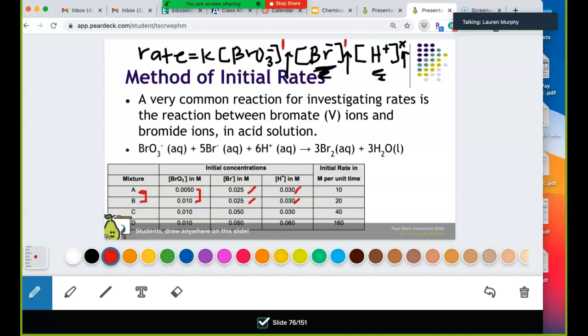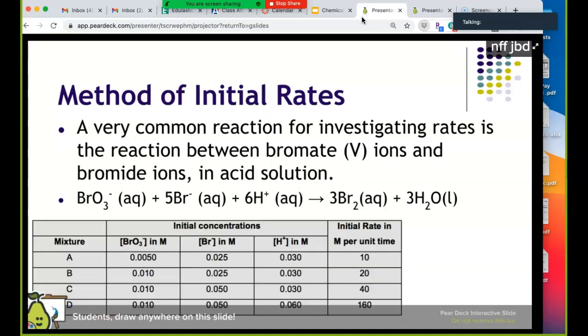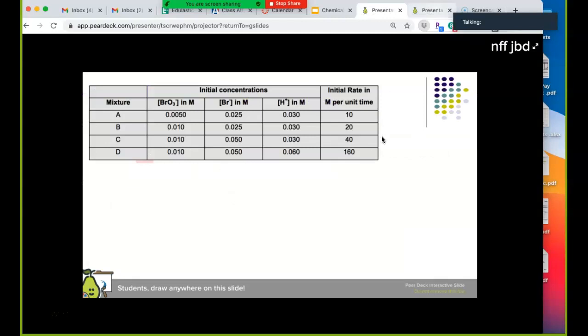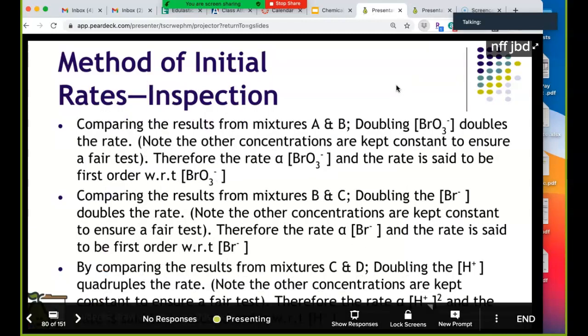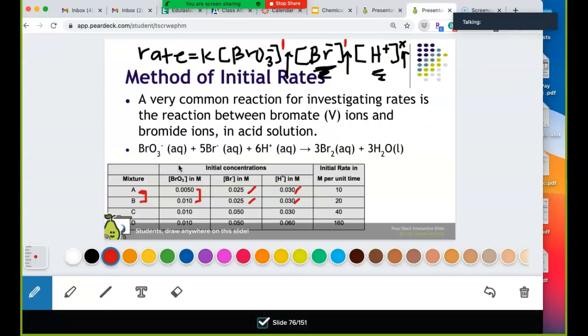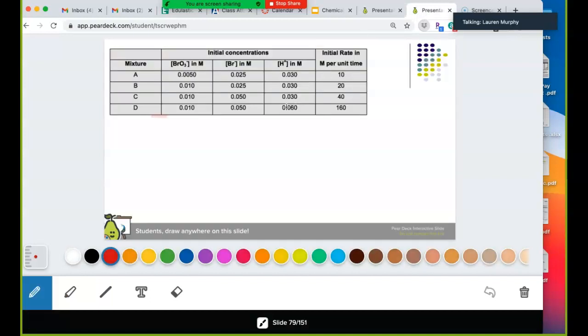One more. So hydrogen ion. Let's see. So if I want to find out the order with respect to hydrogen ion, I would like the hydrogen ion to change concentration, but the other two things to not change. Which reactants or which reaction you want to pick, or which two mixtures?